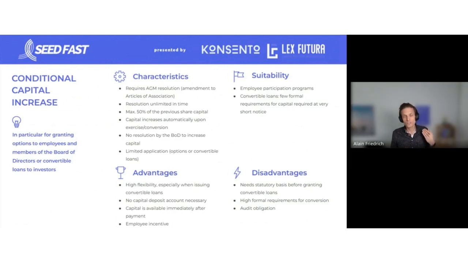And then once they do the conversion, they realize, hey, some of the investors don't want to be public. Whether that's justified or not is a totally different question. But if they don't want to be, they have to take some quite adventurous routes to circumvent this. It's possible, but I think in the bottom line, the costs are much lower if you have the statutory basis, the conditional capital or the contingent capital, and then issue CLAs, convertible loan agreements, and do the conversion afterwards.